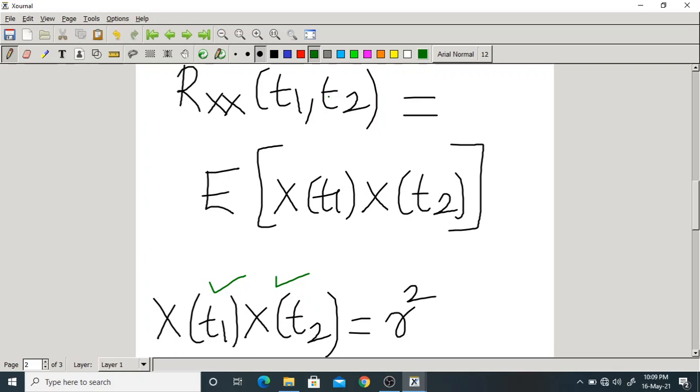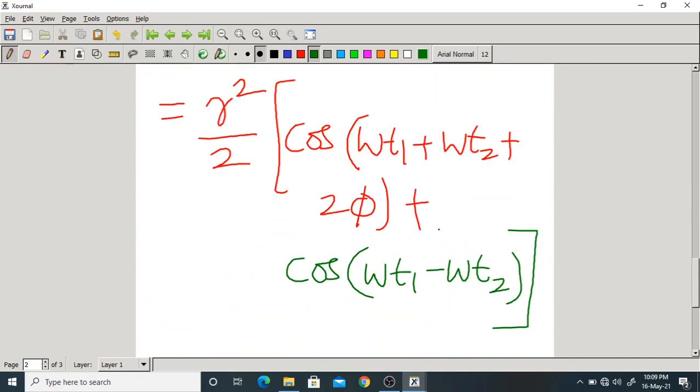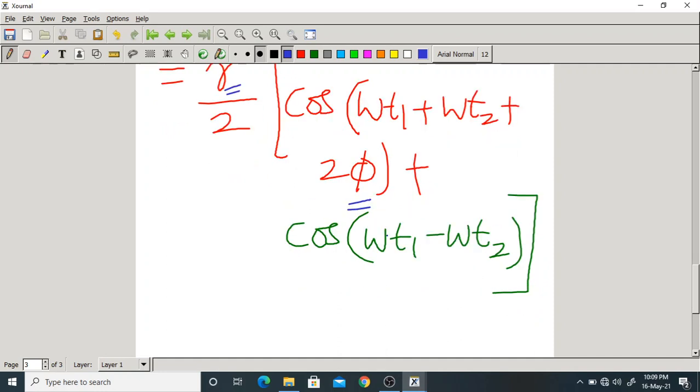Okay. Now remember, this is x of t1 into x of t2 only. But what is the ACF? You should take the expectation of this product. Before doing so, what is given is that this r and this phi are independent. So if two random variables are independent, what can you say? Expectation of xy equals expectation of x into expectation of y.